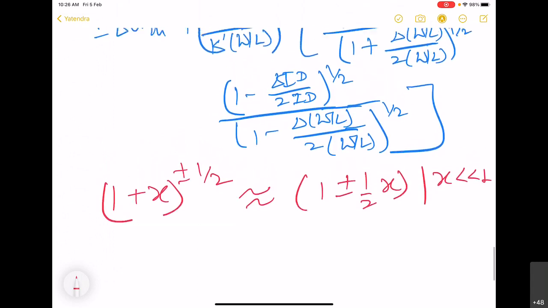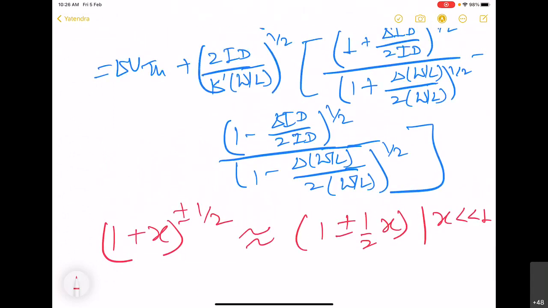So using this approximation, we are going to approximate each of the four factors that we see on the right hand side in the square bracket. First we will simplify this term, then this term.